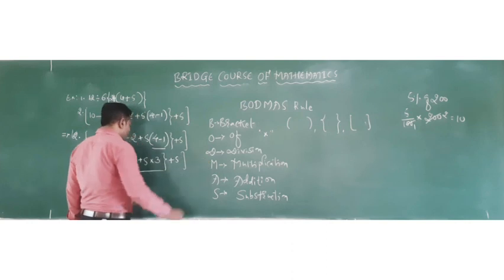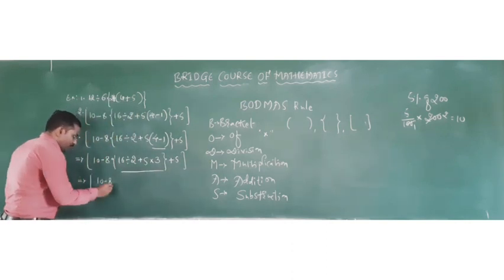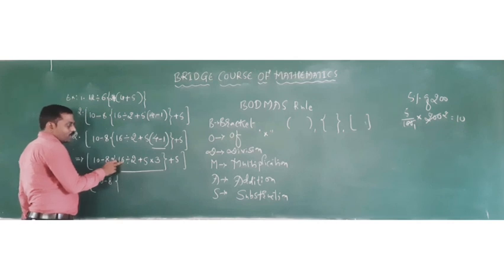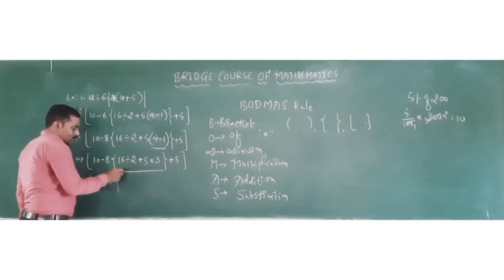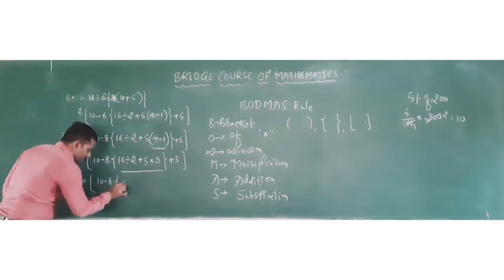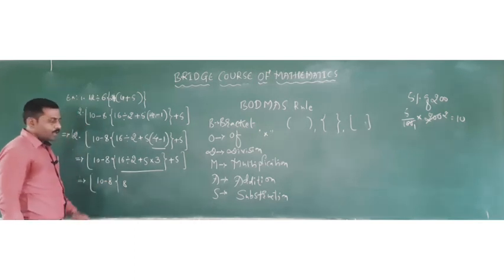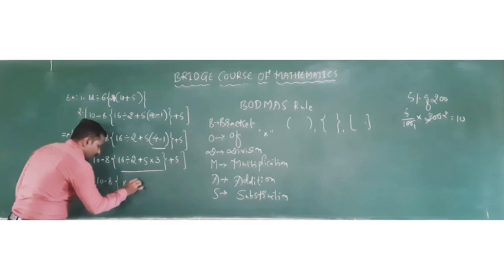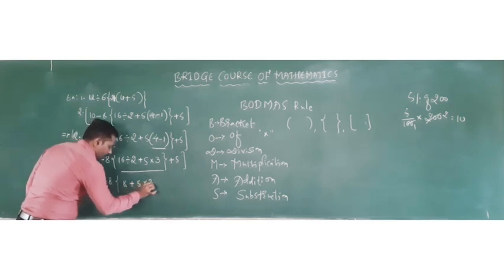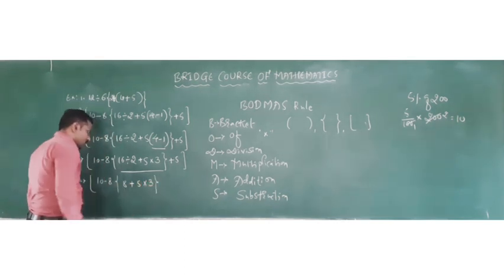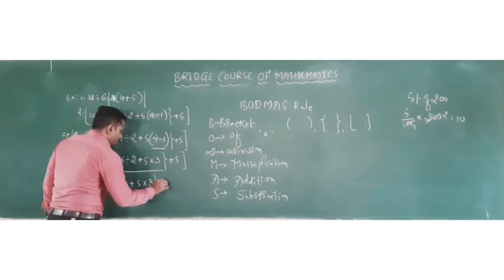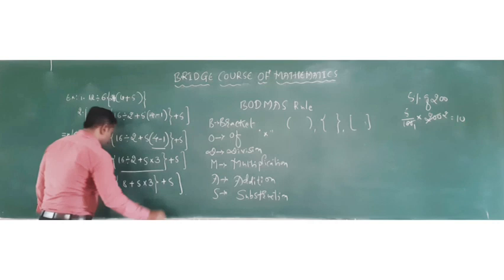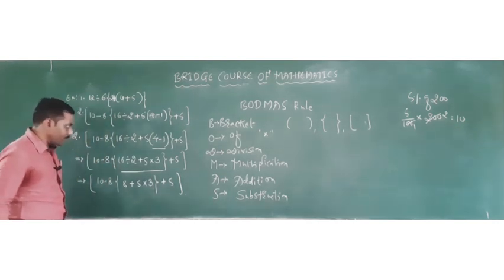First remove the division. 16 divided by 2, that is what? 2 eights are 16, so 8. That answer is 8 plus 5 into 3. So close the flower bracket, plus 5, close the square bracket.